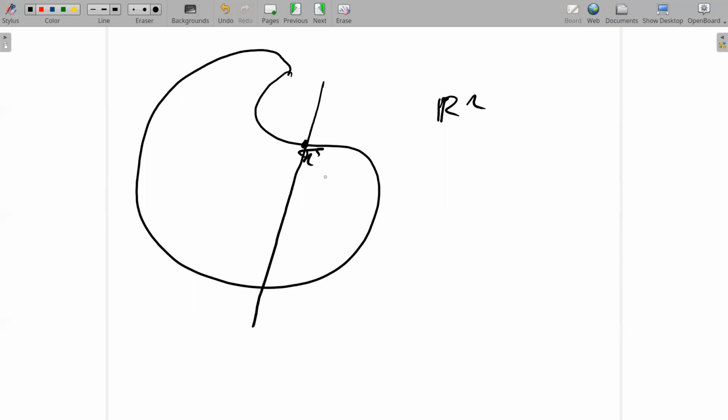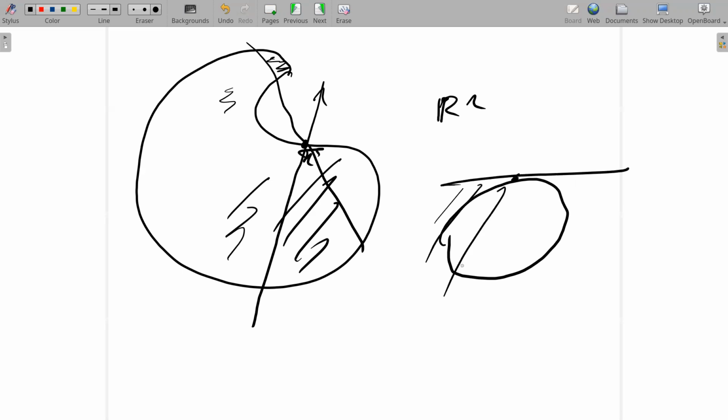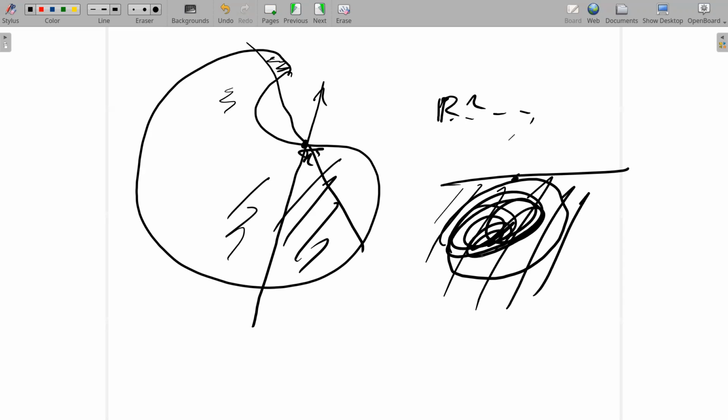If I draw this line, part of the set is on one side and part is on the other. But if I draw this tangent at this X, the whole set is lying on one side, and there is no part of this body on the other side. So I hope it makes it clear.